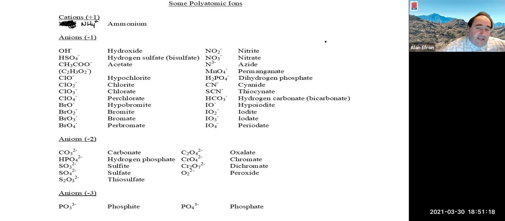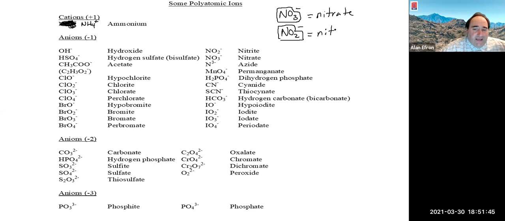So if we look on this table, for example, we will see things like NO3-, which, as we've been talking about, has a -1 charge. You also see something like NO2-, which is 1 nitrogen and 2 oxygens all together, also with a -1 charge. The only difference on these two guys is the number of oxygens. This guy is the nitrate ion.